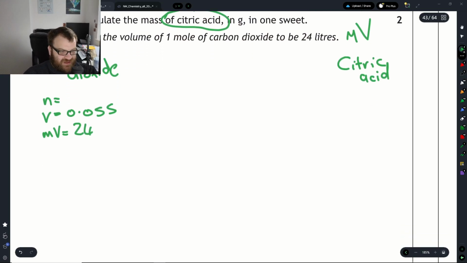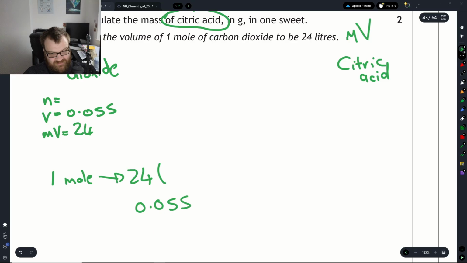In one of the previous questions I used n equals V over MV. A slightly different way of getting to the same answer. Molar volume tells me that 1 mole takes up 24 litres. We've got 0.05 litres. I'm going to work out how many moles that is.